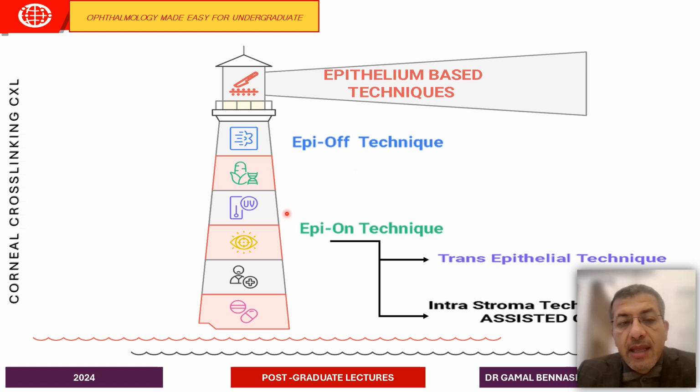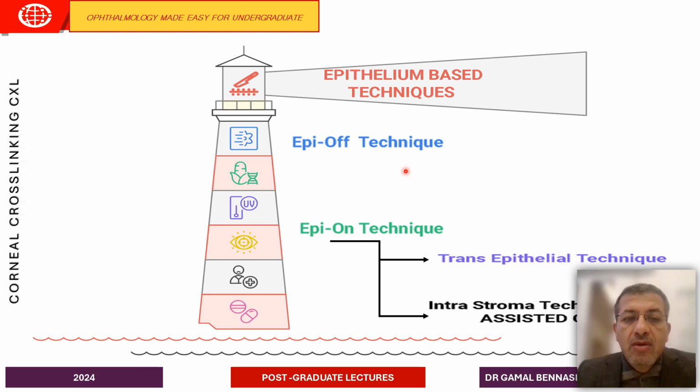The other is the epithelial on technique, which is an innovation to speed up the technique. As you know, the epithelial off protocol is a long procedure, needing around 30 minutes for instillation and impregnation of riboflavin, and another 30 minutes for the ultraviolet exposure.